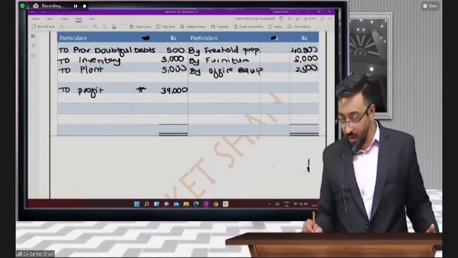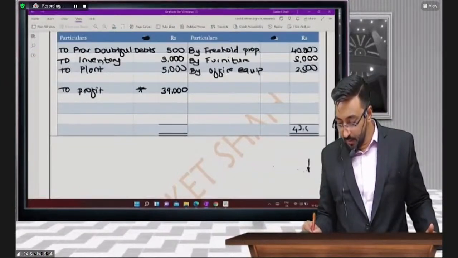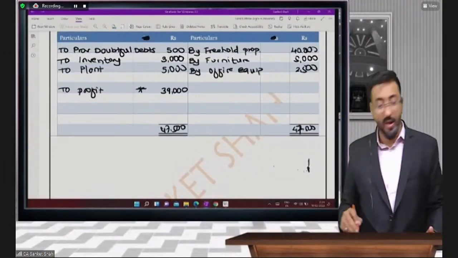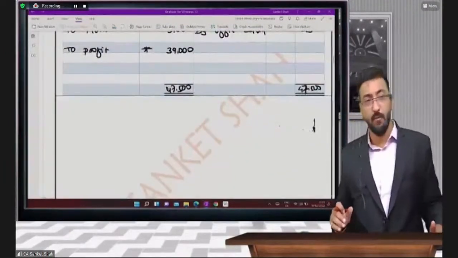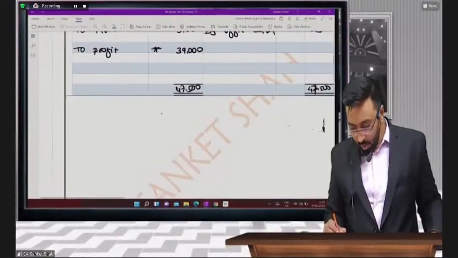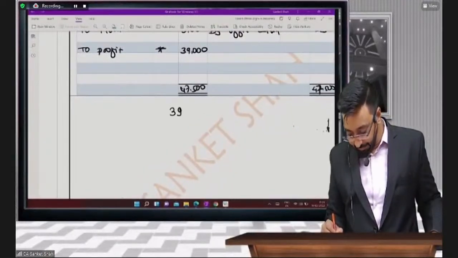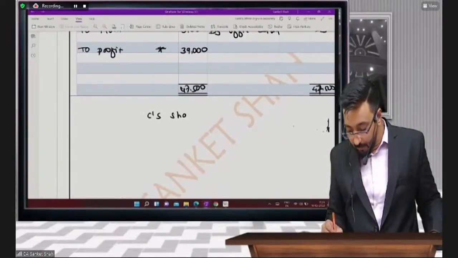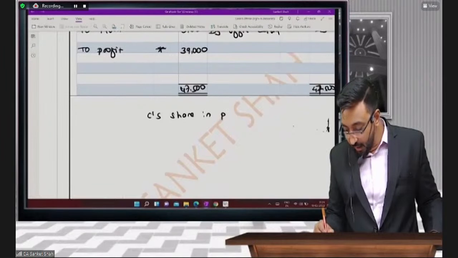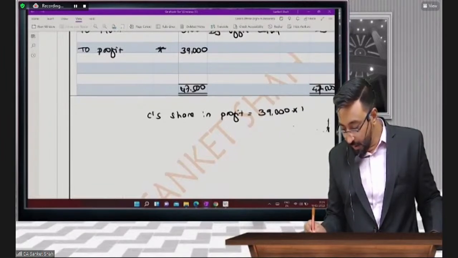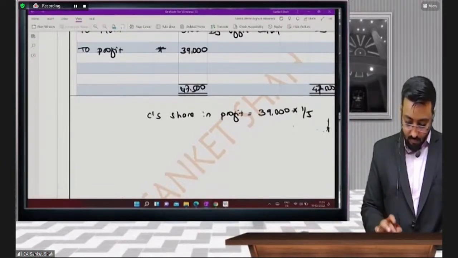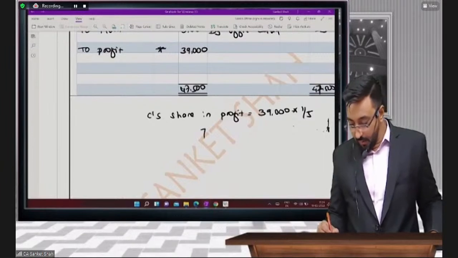Now 39,000. See beta, ICAI has given you separate technique. You can follow ICAI way, study material way, or you can follow my way. Both ways are same. We will calculate C's share in profit. 39,000 into 1 by 5 is 7,800 debit.